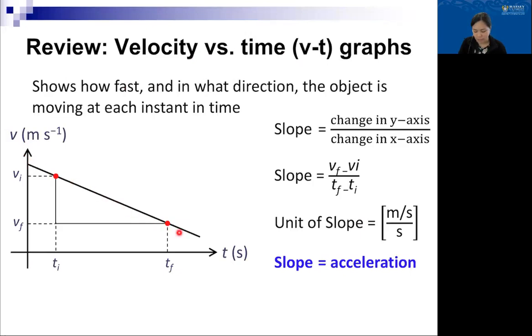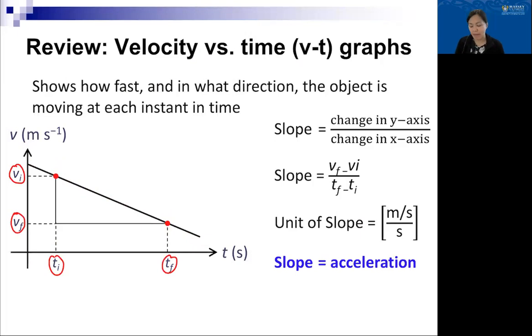The graph is a straight line that's going downwards. In a similar manner, we can take 2 points along this line. So this point here with a final time tf corresponding to a final velocity vf. This point here giving us the initial time ti corresponding to the initial velocity vi.